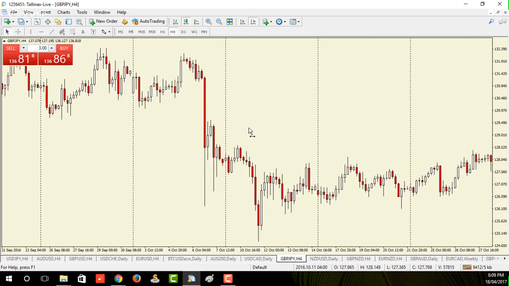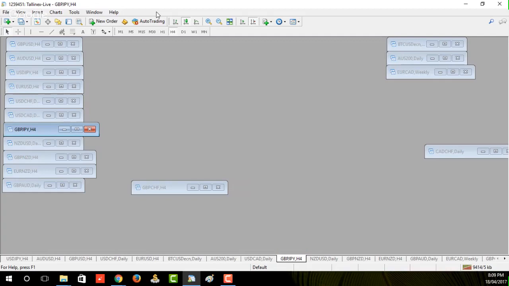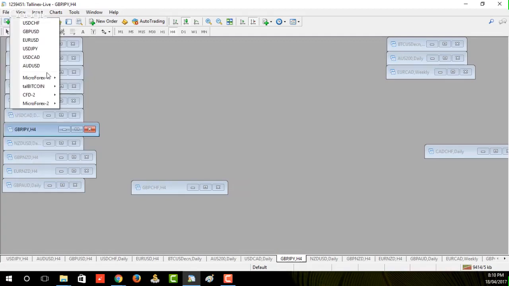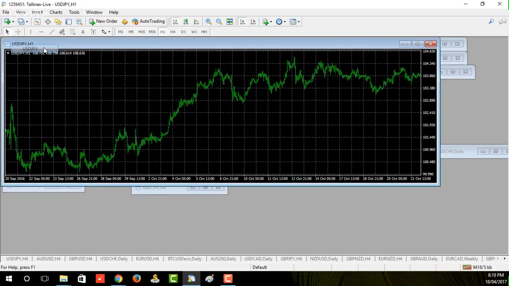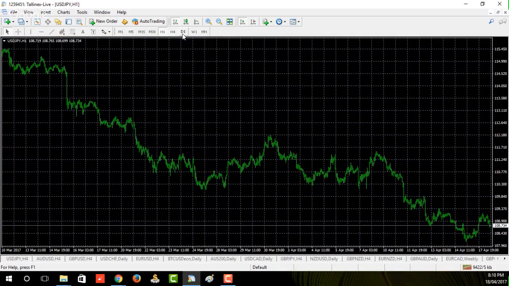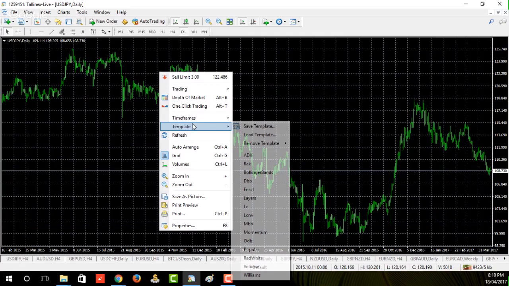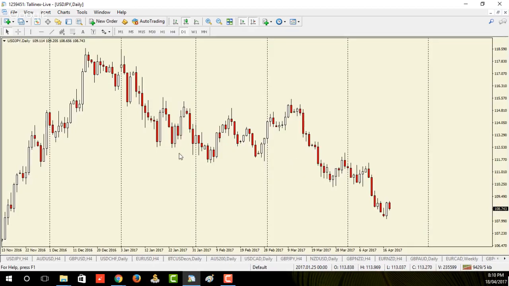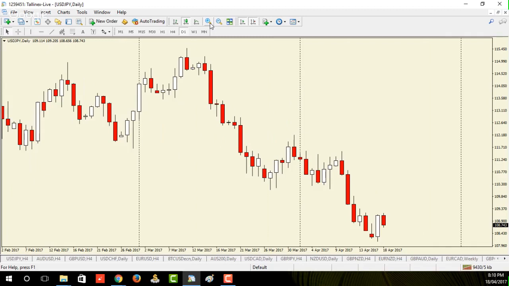Here, let me see if I can find a better chart, guys. Sorry, apologies. Usually they all pop out anywhere, but let me see if we can find one, for example, on the yen daily chart. We'll do that.